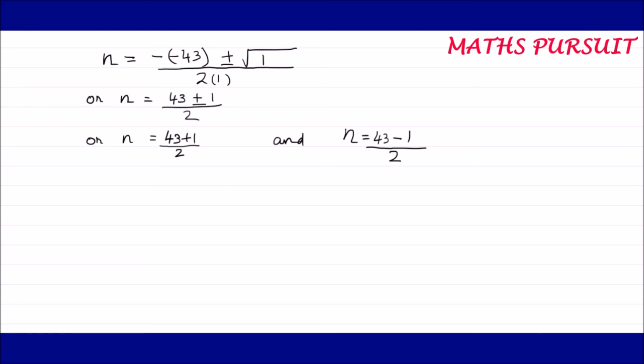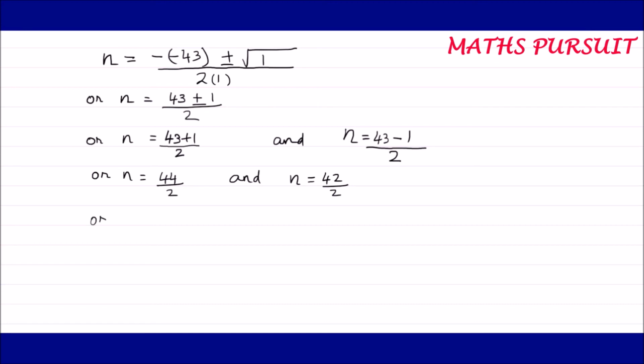Let us solve this. n is equal to 44 upon 2, and the other value is n is equal to 42 upon 2.